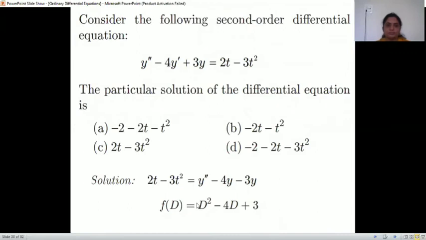Good. Second question. Consider the following second order linear equation. Then the particular solution of the differential equation is. Only a particular solution is asked. So we need not find the whole solution, just find its particular integral, particular solution, or yp, whatever you say, yp, PI, particular integral.